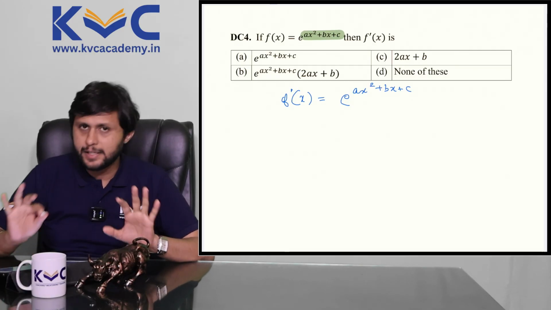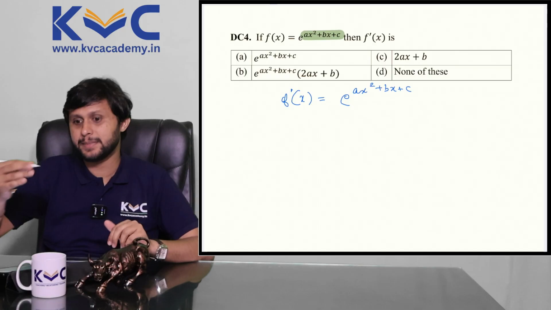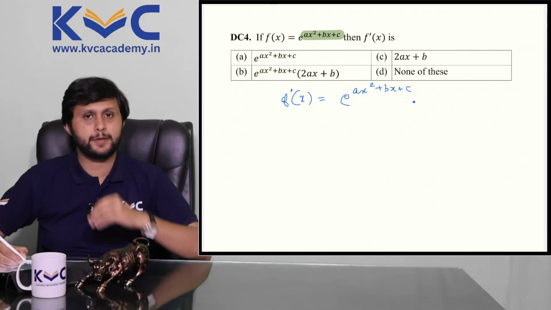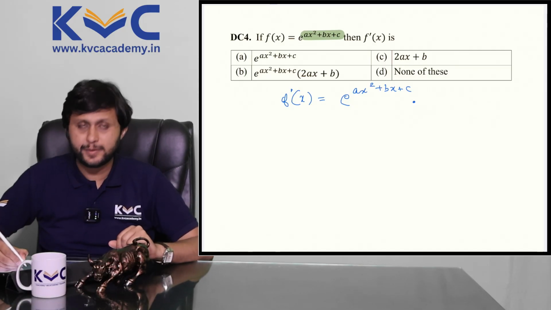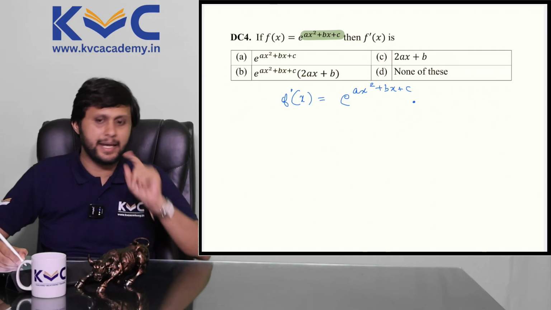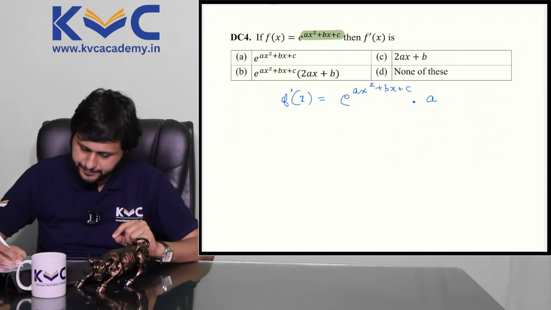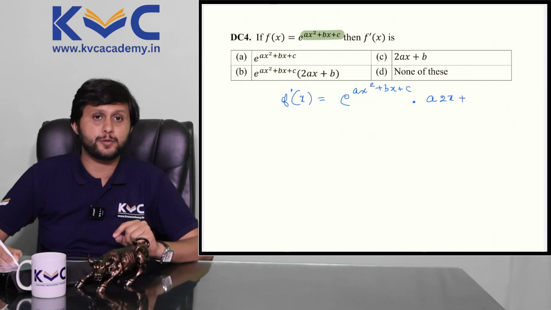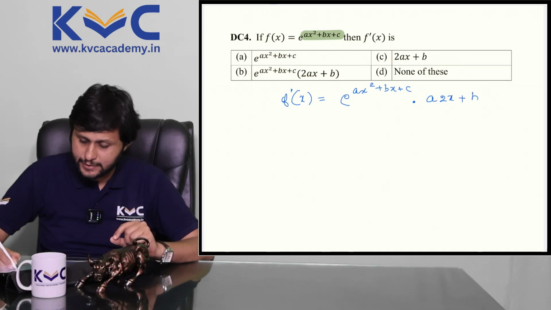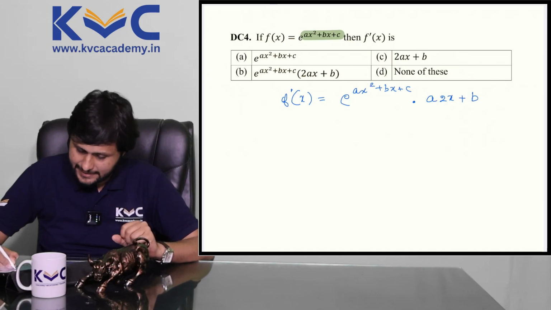But then we are not really differentiating e to the power x. It is e to the power something else. What is that something else? We need to differentiate that something else. Differentiation of ax square. Remember, a is a constant. Differentiation of x square is 2x. Differentiation of bx, b is constant, x as it is.